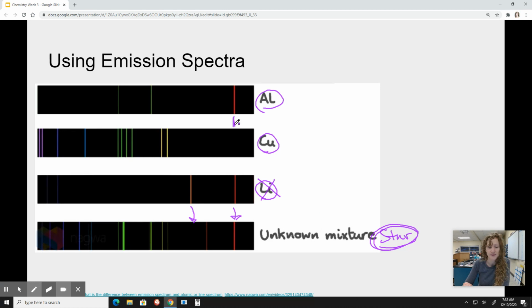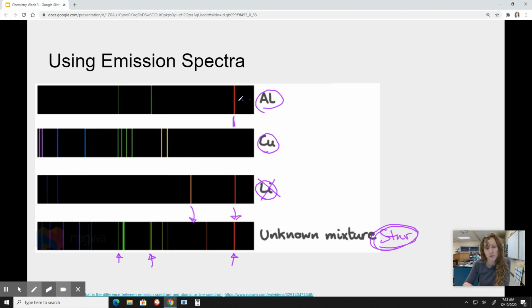Now let's look at aluminum. Aluminum also has this bright red line here, but do all of aluminum's other wavelengths appear as well? So here's another wavelength that aluminum would give off, and that shows up in the unknown mixture. Here's another wavelength that aluminum gives off, and that one also appears in the unknown mixture.